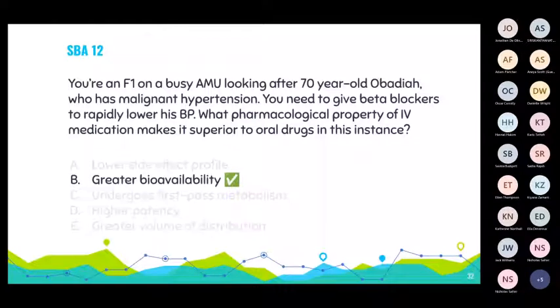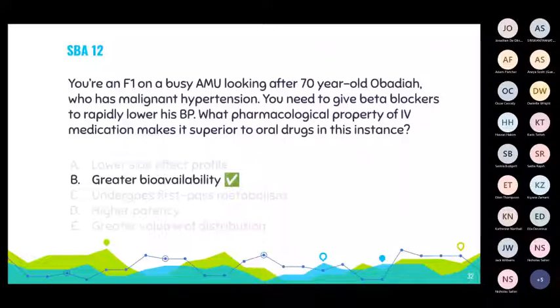The other phrase to know here is volume of distribution, which isn't super relevant in this because we're just talking about speed. But volume of distribution is how much a drug distributes through the tissues of your body after you administer it. So if it distributes loads, it's basically going to places you don't want it to go, and so you need a higher dose of it for it to have the same effect.